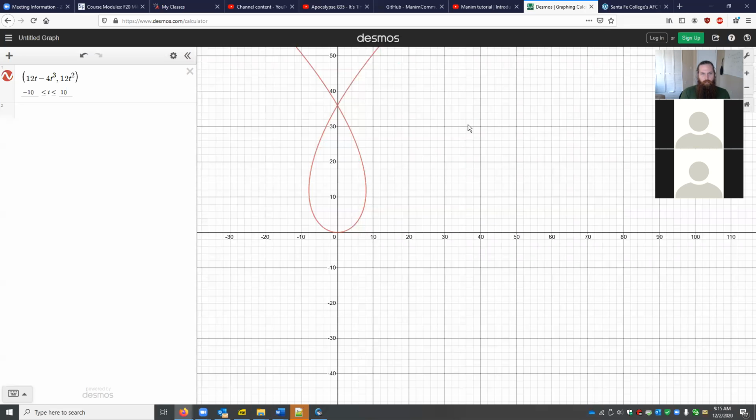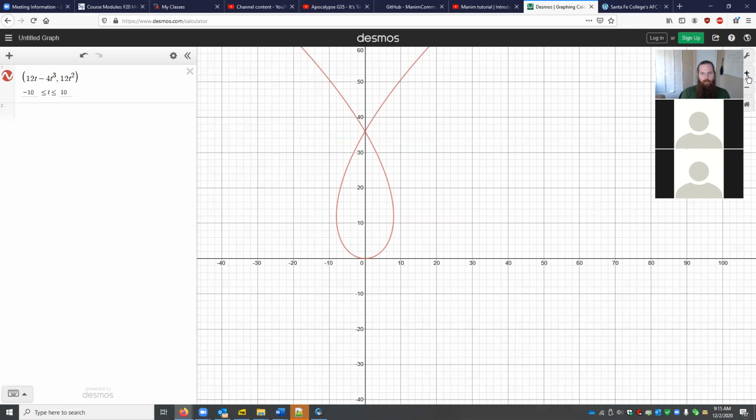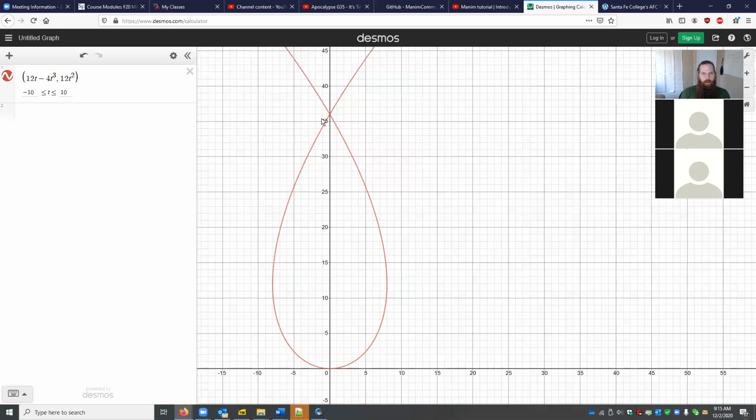So what is that point up there? Well, here, x is 0. We could actually figure it out just by setting x to 0. That'll have several solutions.